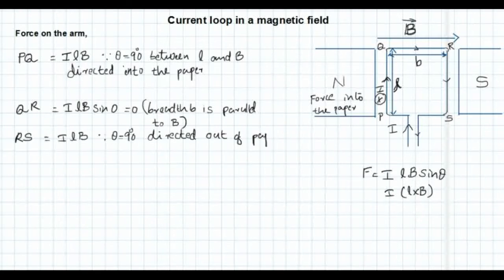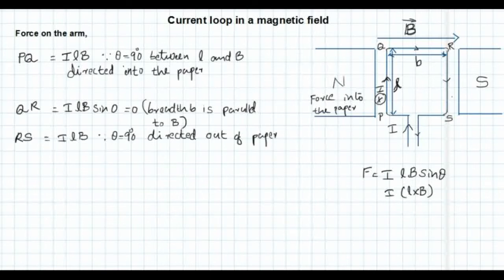To find the direction of the force, again stretch the middle finger, forefinger and thumb of the left hand, such that your forefinger is in the direction of the magnetic field and your middle finger is in the direction of current. That means your middle finger should be directing downwards.